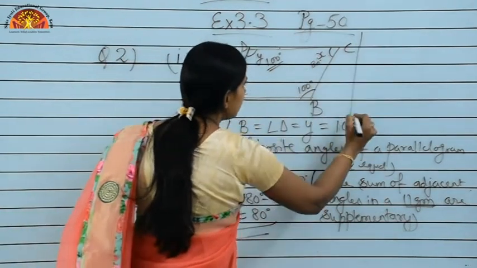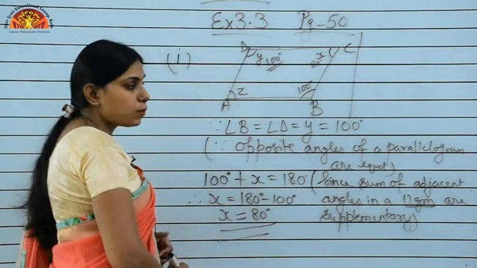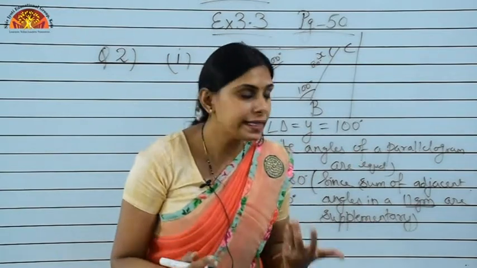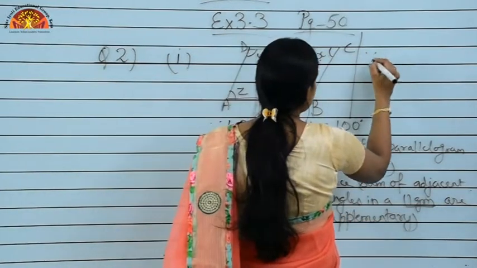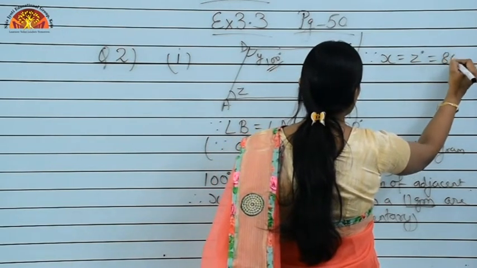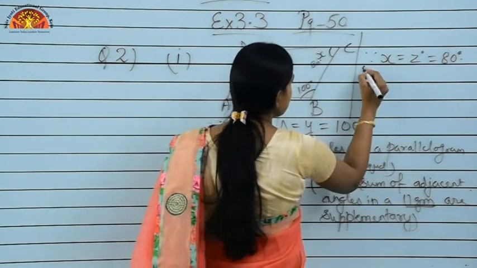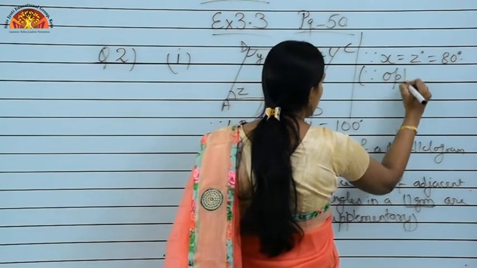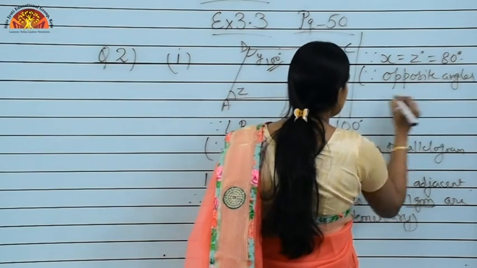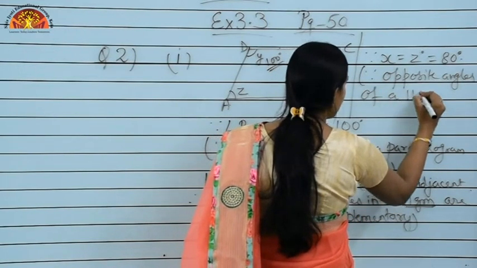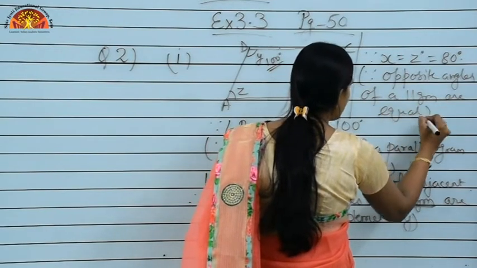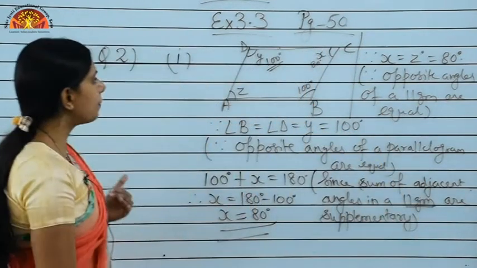Again you can see over here, children, that x and z are opposite angles and the measures of opposite angles in a parallelogram are equal. So we can write, since x is equal to z is equal to 80 degrees. Reason, since opposite angles of a parallelogram are equal.